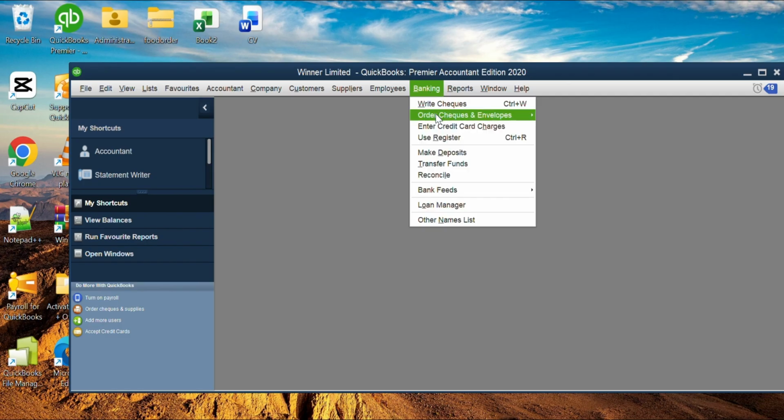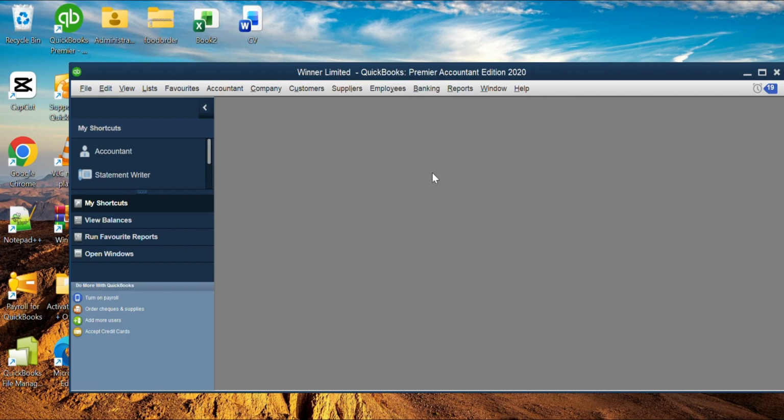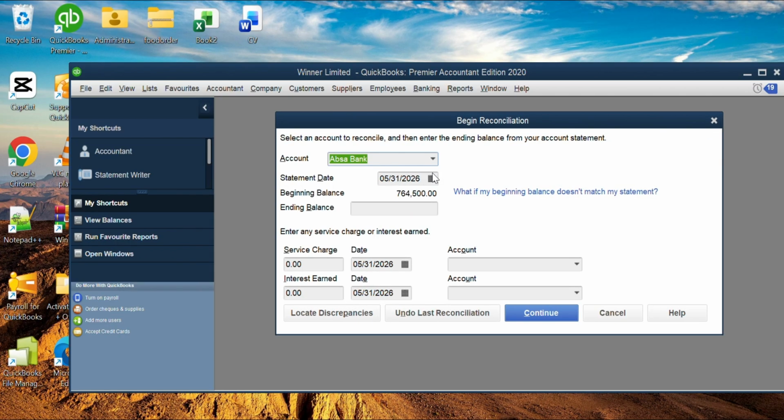So now I want to show you, we have written a check, we have transferred money. Now I want to show you how to reconcile. When you do bank reconciliation, you normally take the opening balance and you put the ending balance.